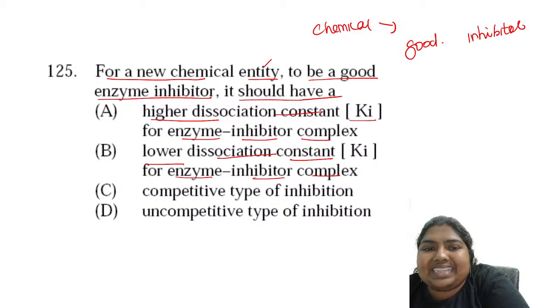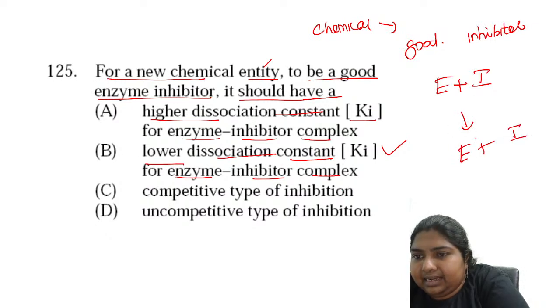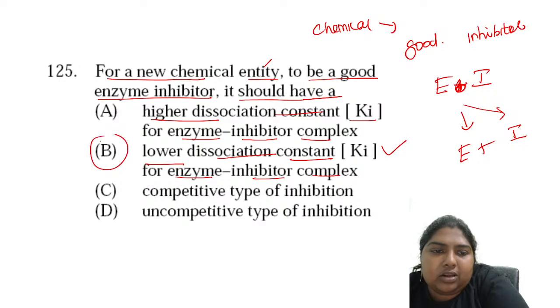It should have a low dissociation. See, if your EI is going to dissociate to form E plus I, then it is of no value. So it should have a lower dissociation constant.